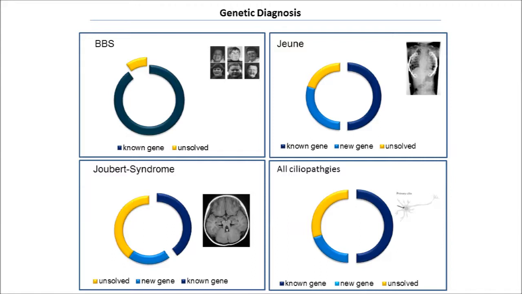This is not a high number of patients, but it works really well. For other diseases like Jeune syndrome here, the numbers are not as great, but it's probably 2/3 of all patients where we do know the genetic cause. So overall, for all the ciliopathies together with the new technique, we can probably solve at least 2 out of 3 patients. That's much better than it used to be.